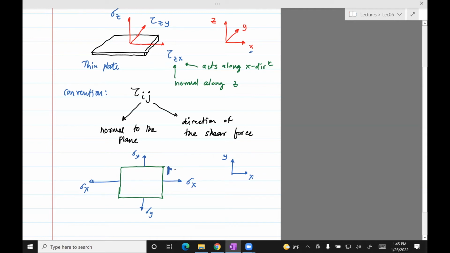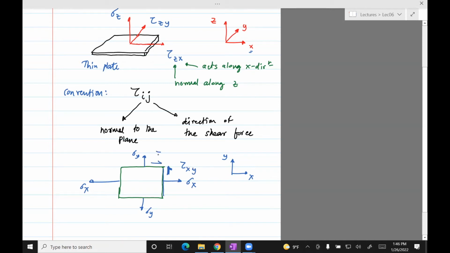So when I show this arrow, I need to use the first index to indicate the normal to this plane. The normal to that plane is x, and it's pointing in the y direction, so tau x, y.